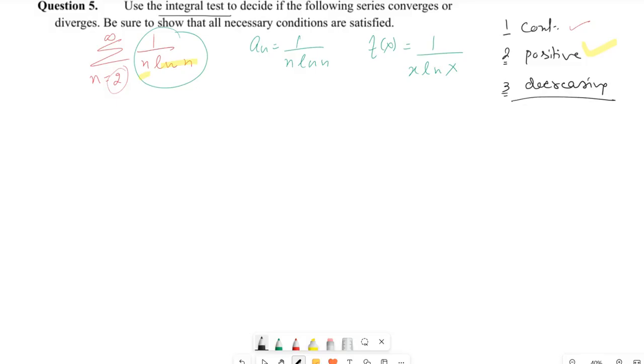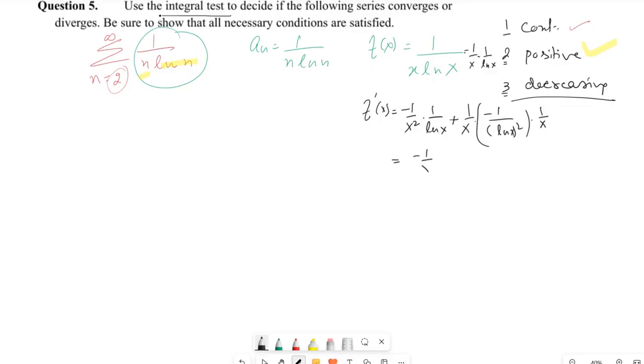For the third condition, I can try to find f prime of x. This is a product of two functions, 1 by x times 1 by natural log of x. So what is the derivative of 1 by x? Negative 1 by x squared times the second function, plus 1 by x times the derivative of 1 by log x, which is negative 1 by (natural log of x) squared times 1 by x.